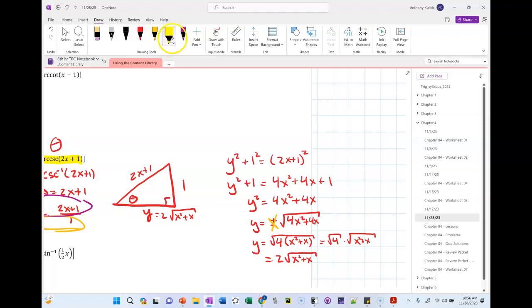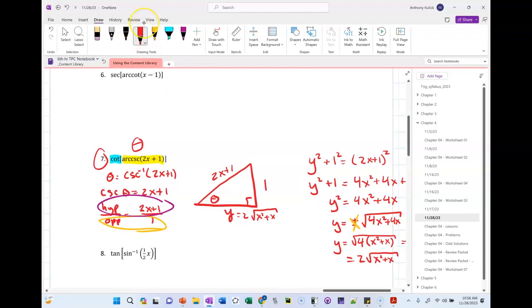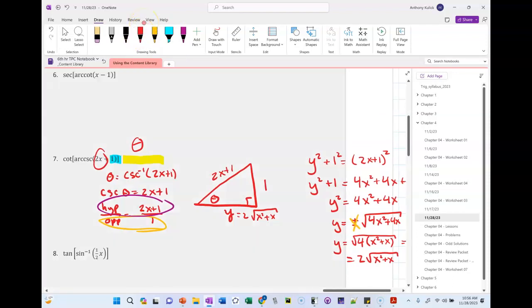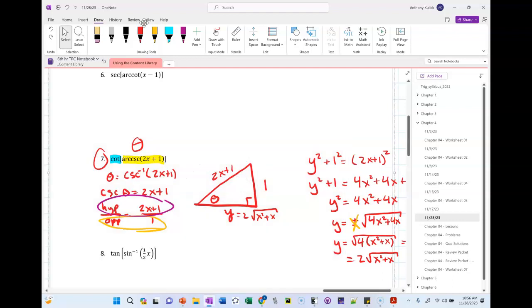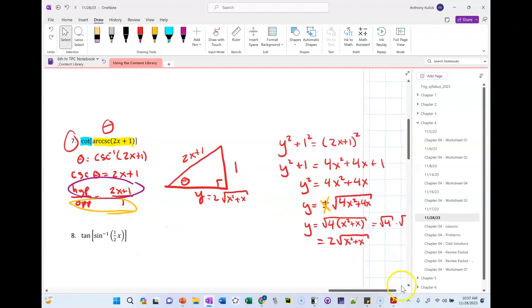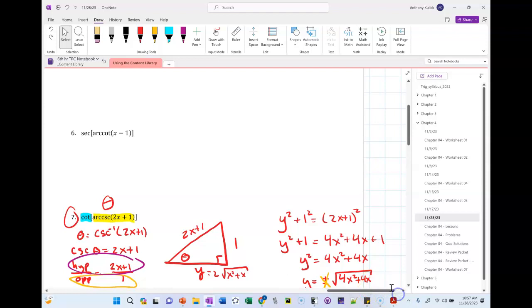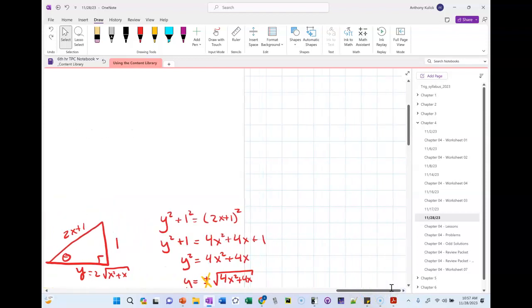So now I go back to my original problem, and I can do the outside, right? So cotangent is what in terms of opposite, adjacent, and hypotenuse? Yeah, so cotangent is the reciprocal of tangent, which is opposite over adjacent.